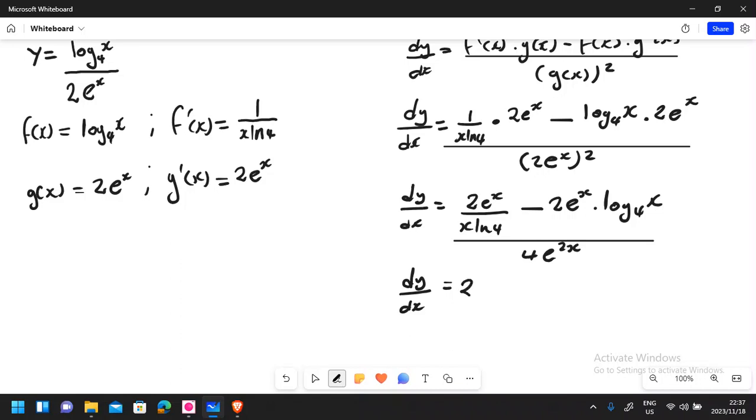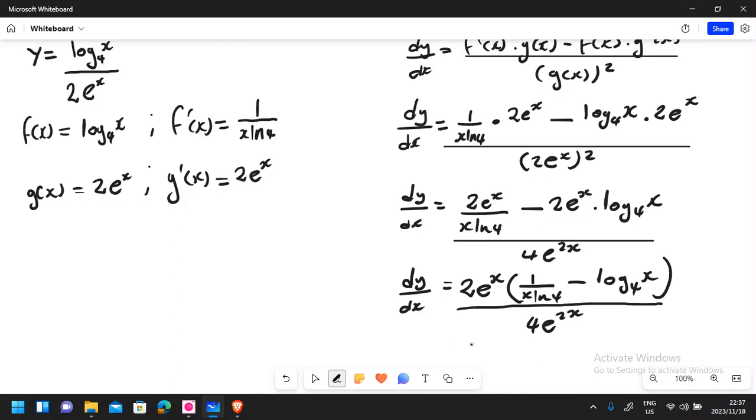So let's take out the common factor, which is 2e to the power of x. Now inside here we are left with 1 over x natural log 4 minus log base 4 of x. There we go. Divided by 4e to the power of 2x.